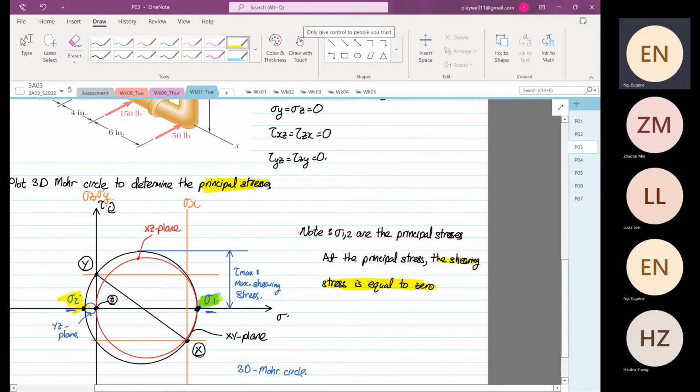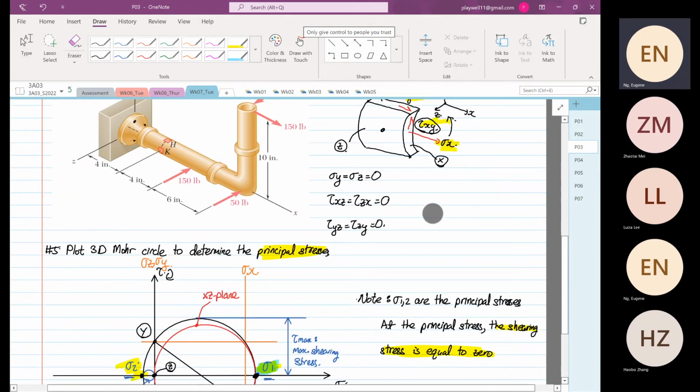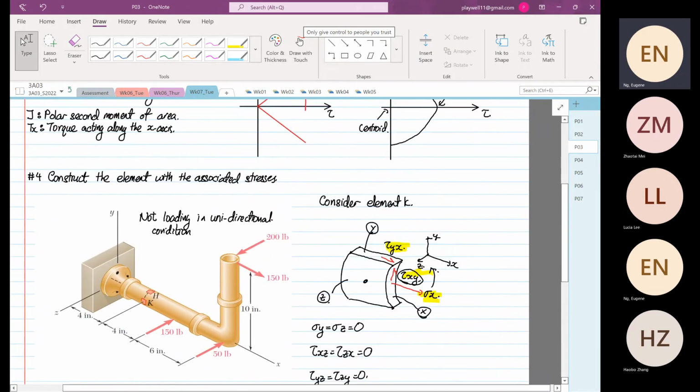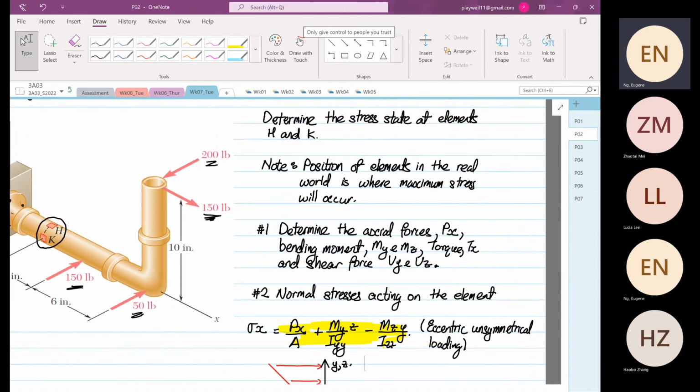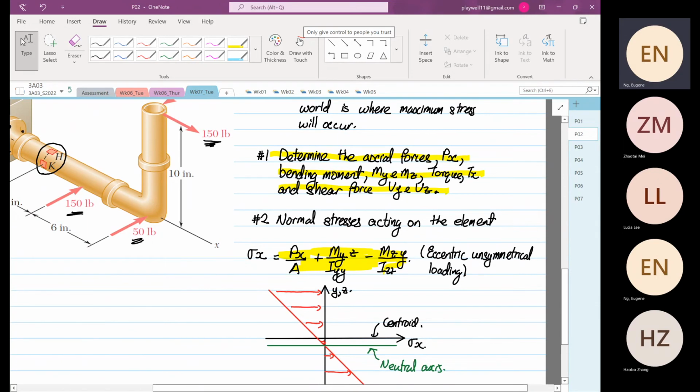Okay, right. So for today, we are going to do the first stage, which sometimes can be the most confusing. Where students will have a lot of problems is to determine what is the axial force, what is the bending moment, what is the torque, and what is the shearing force. Okay, if you don't determine these values, you can forget about your analysis. Okay, the normal stress is easy.